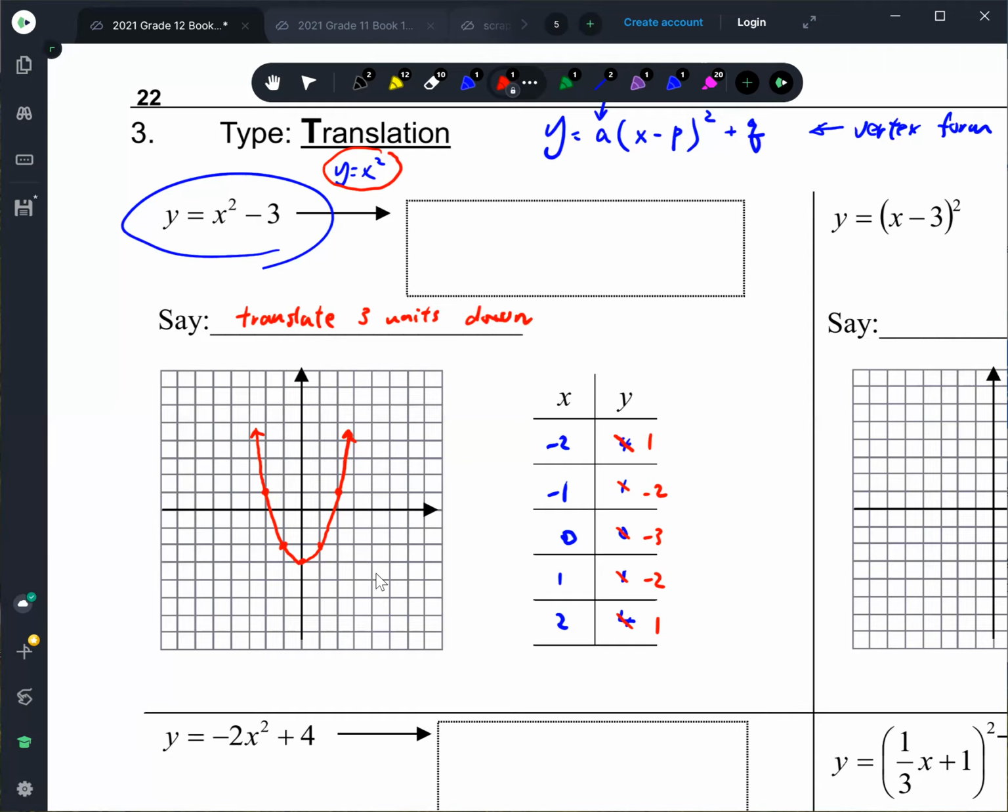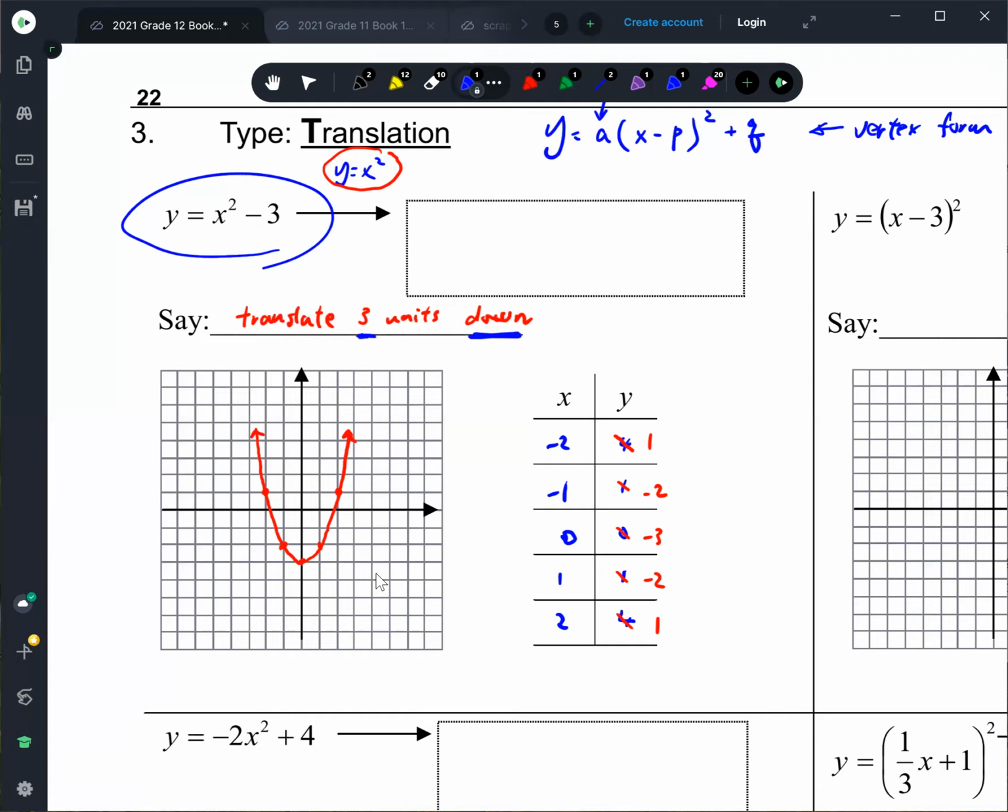So we already know that the vertex has been moved to 0, -3. That's for parabola. But other graphs don't have a vertex. So how can I tell it's moving down, and how many units it moved, by just looking at the form? Just like before, we need to separate whatever is affecting the y, you move it to the y side.